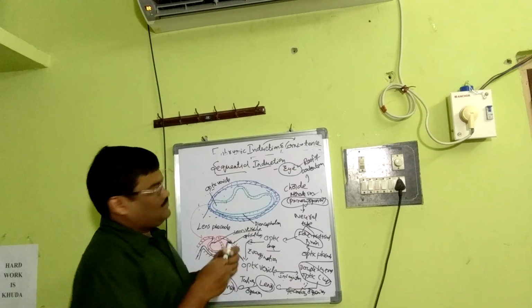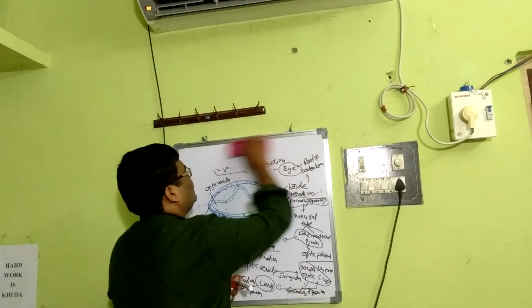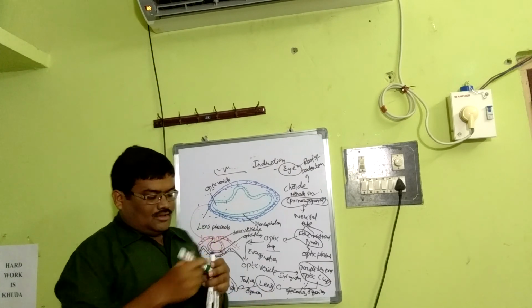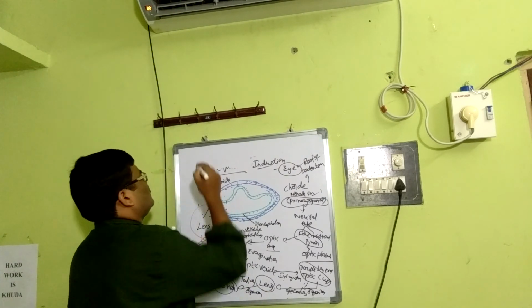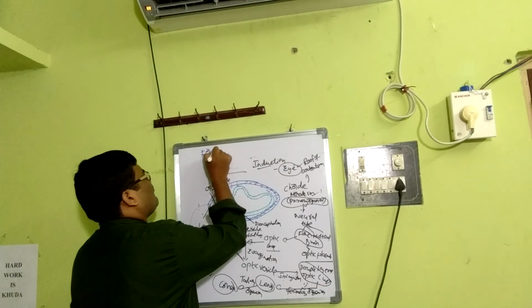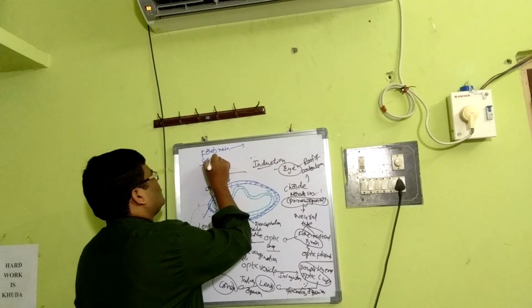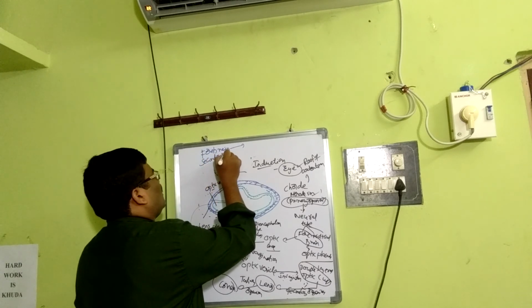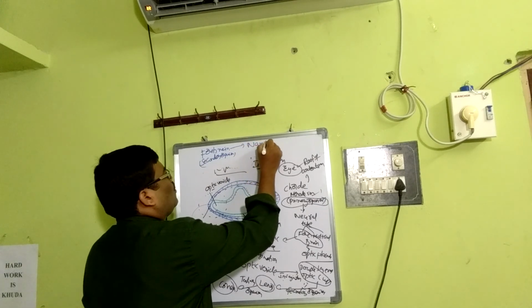Forebrain. Say for example, for better understanding, I am just giving certain examples. Forebrain is a secondary organizer to form the nasal placode.